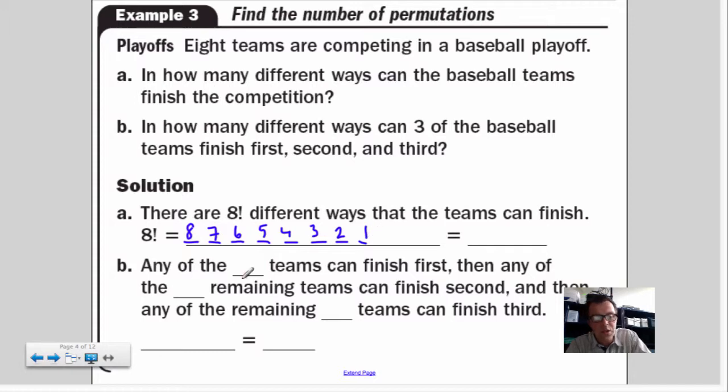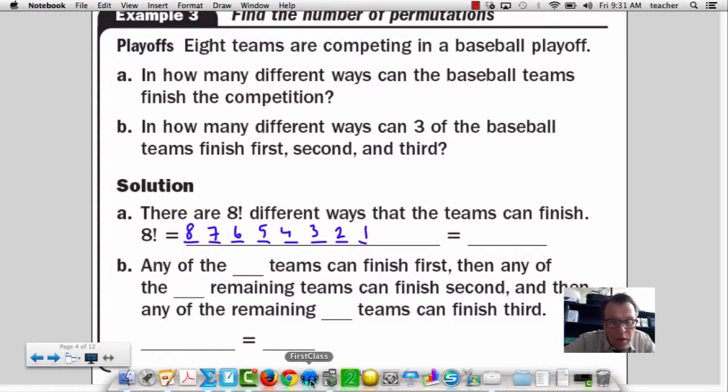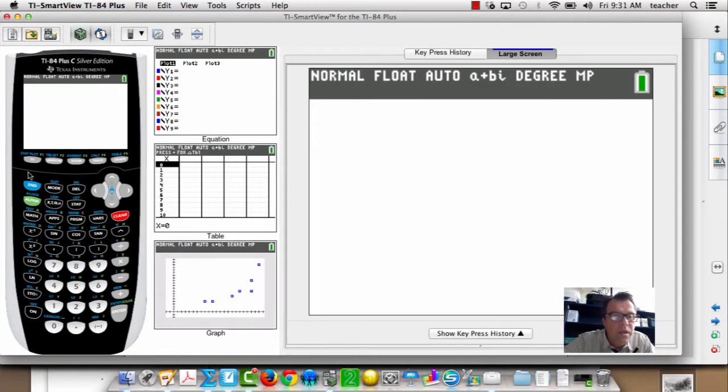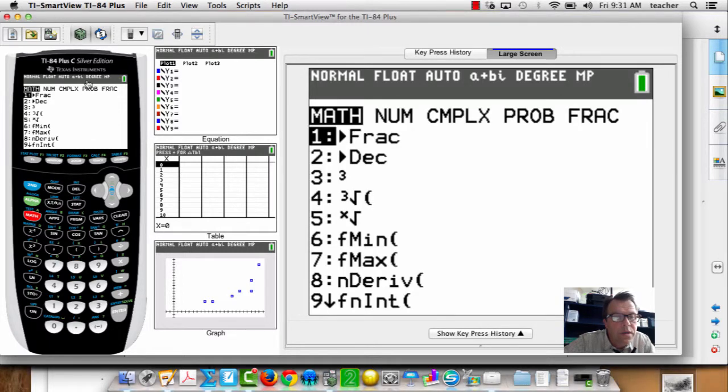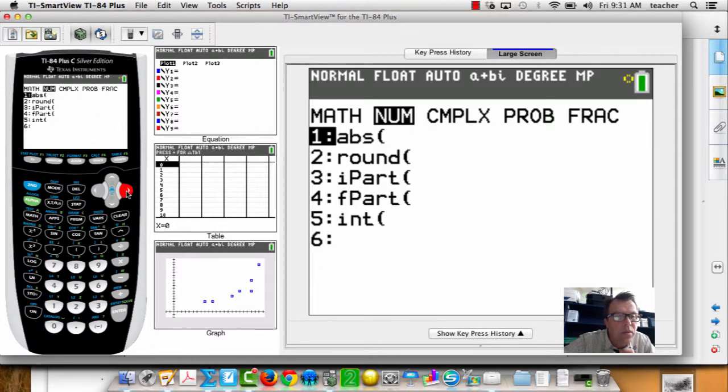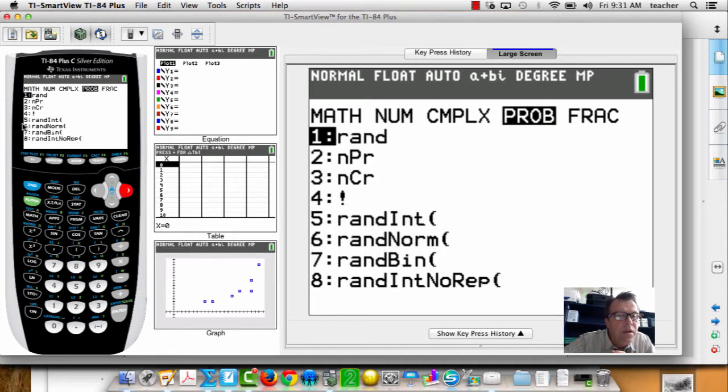And so I'd like to show you right now on the calculator how we can do the factorial. It's under the math button. So if you go here, you type 8, and then you would hit math and go over to, see this word probability, that's the unit we're in, probability. And there you see the factorial symbol, number 4.